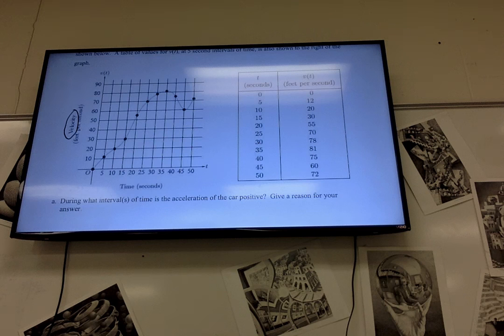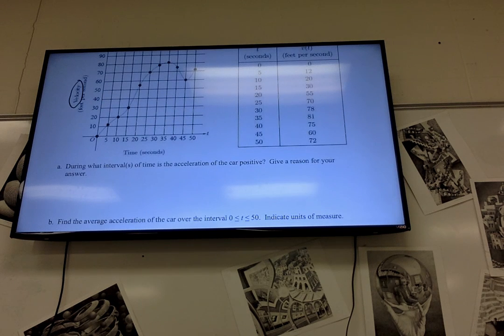All right. A: during what intervals of time is the acceleration of the car positive? Give a reason for your answer. So acceleration is, of course, the derivative of velocity.